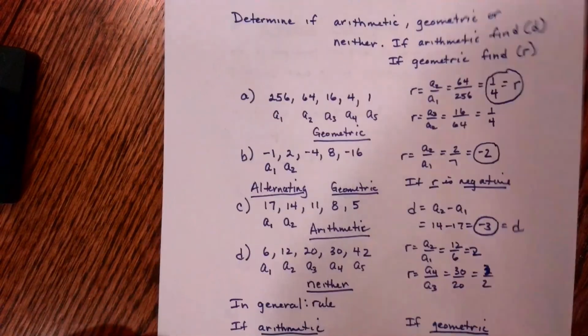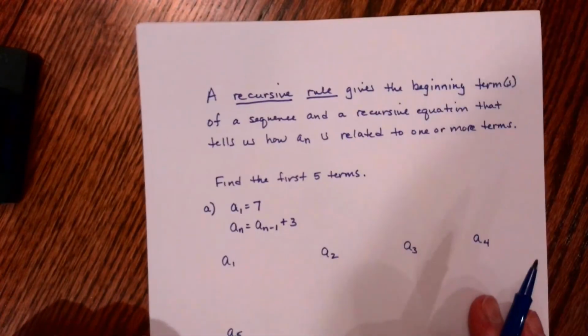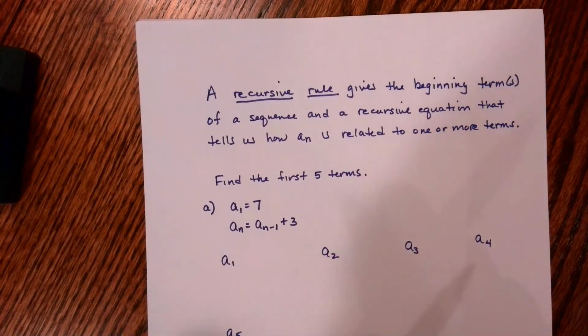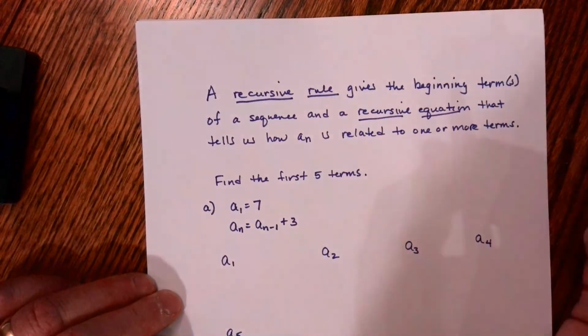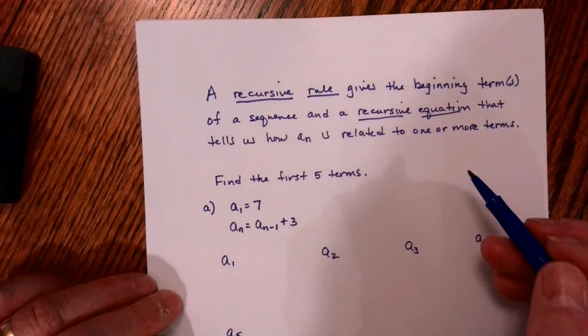There's one other way that we can illustrate sequences, and that's called a recursive sequence. Now, a recursive sequence basically tells us that they're going to give us an initial value, the beginning value, and then they're going to give us a recursive equation. Now, if I was in the classroom, people would be asking, will we always get this?